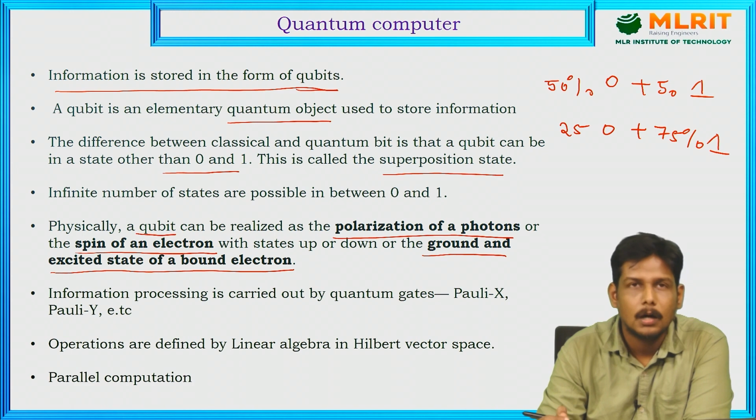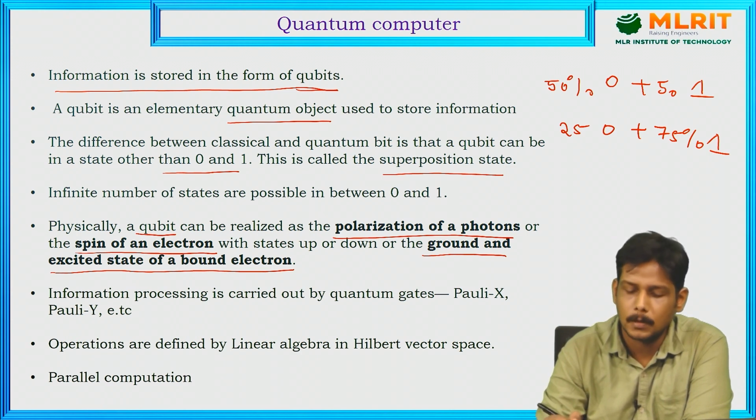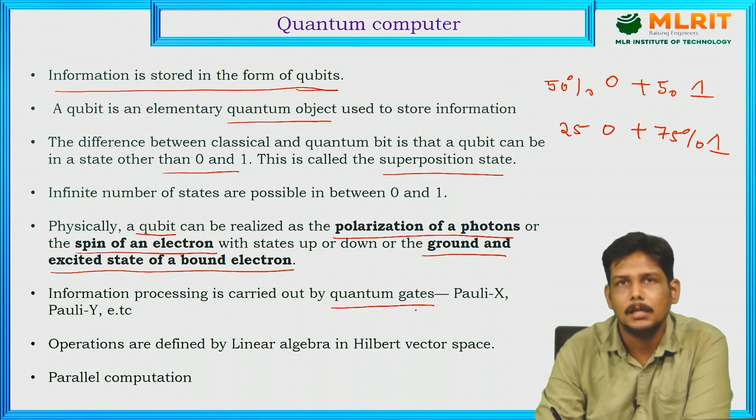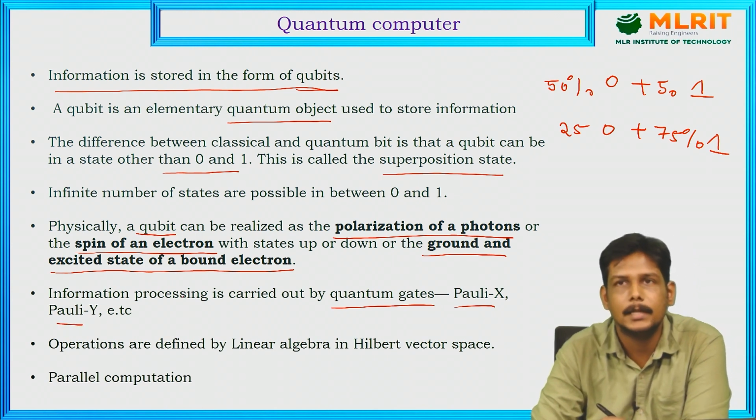Now, how are we going to process the information in qubits? How are we going to add two qubits, or multiply or divide them? These operations are performed using quantum gates. There are many quantum gates, and examples are the Pauli X gate, Pauli Y gate, Pauli Z gate, and Hadamard gate.